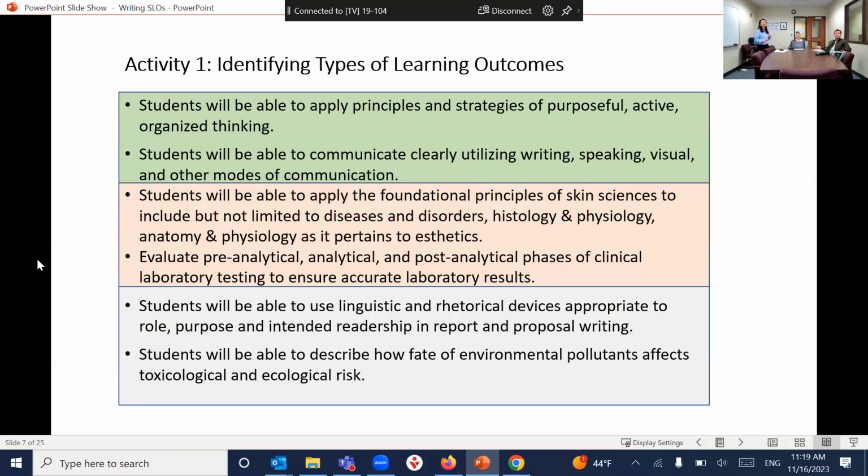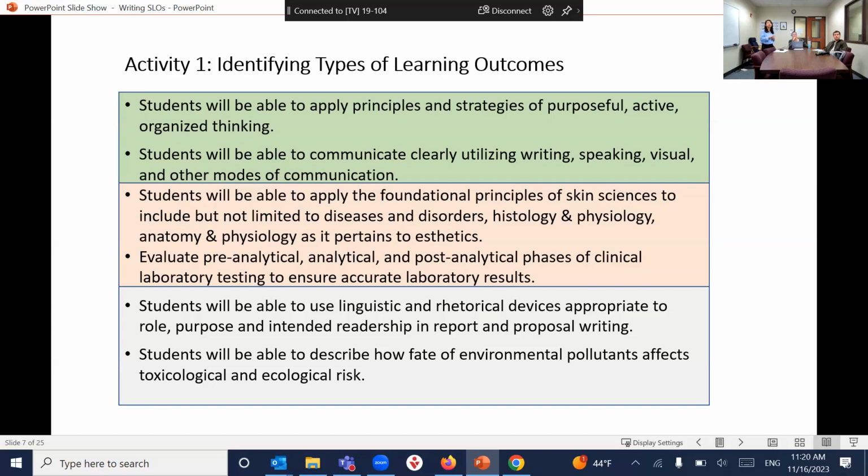So there are 6 learning outcomes here. I would like to invite you to read each of the statements and categorize what are the institutional level, or we say college-wide learning outcomes, what are program learning outcomes, and what are the course learning outcomes.